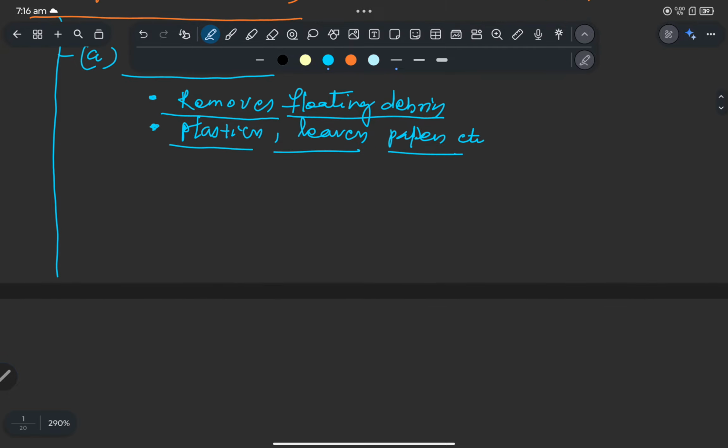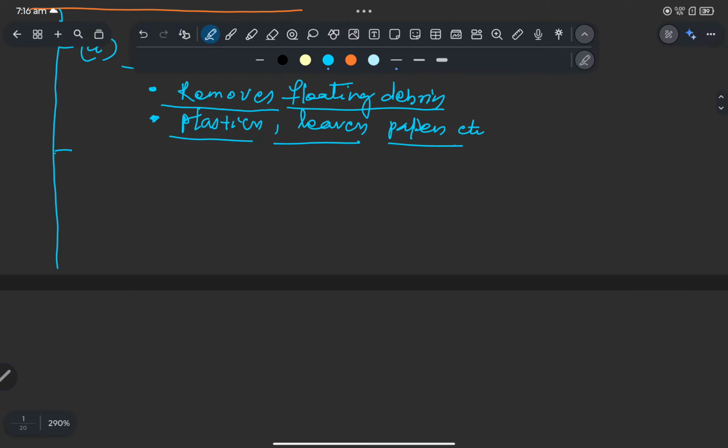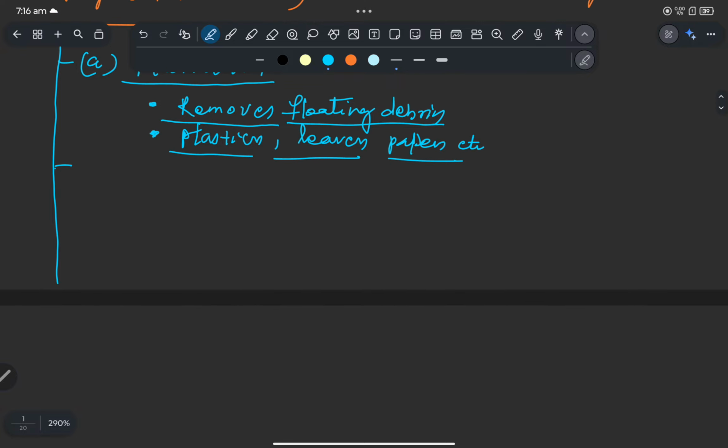Now come to the second step. After filtration, the second step is also filtration.